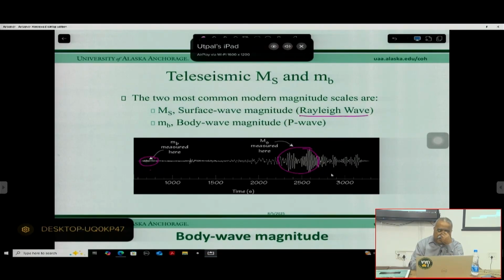And the Rayleigh wave, we can get it from which component? From which component can we calculate the Rayleigh wave? It's the particle component.